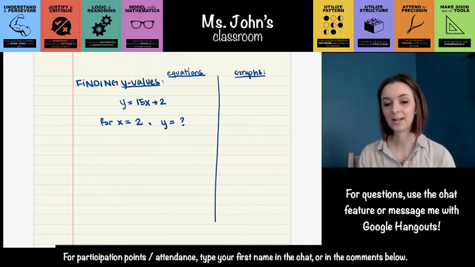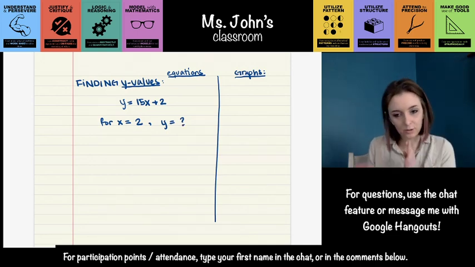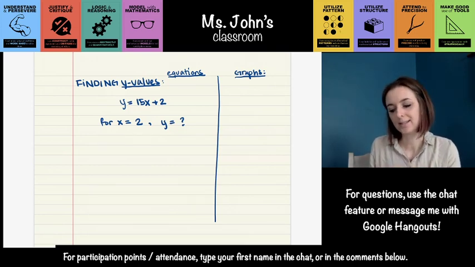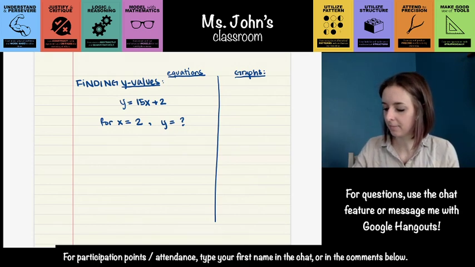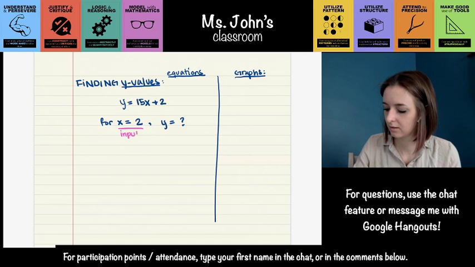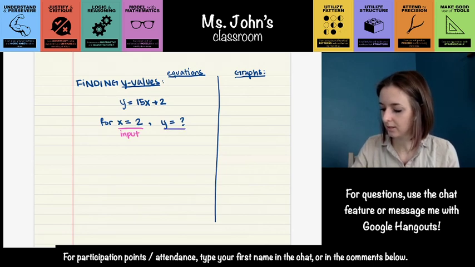All you have to do to find y is take the x and plug it into the equation, because x is the input and you're looking for an output. Let's write that. This is our input and this is our output.